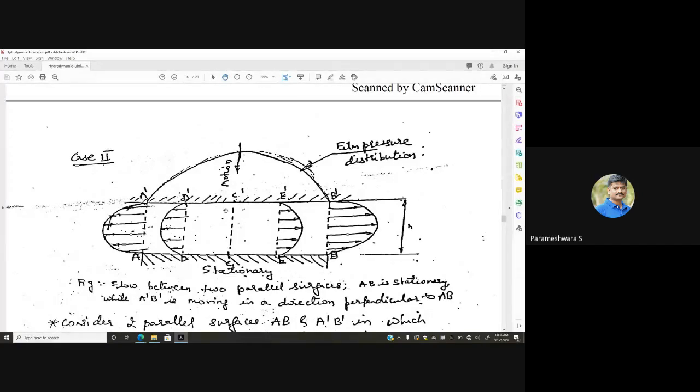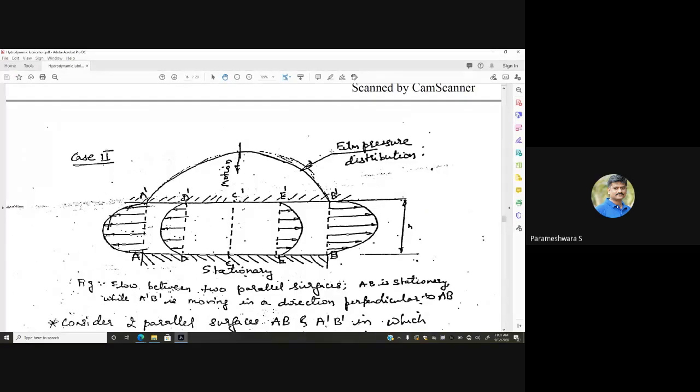Whereas in this case, AB is stationary and A dash B dash is moving perpendicular to AB. So what happens in this case? The lubricant between the plates gets squeezed out. This indicates pressure distribution and this indicates velocity distribution.